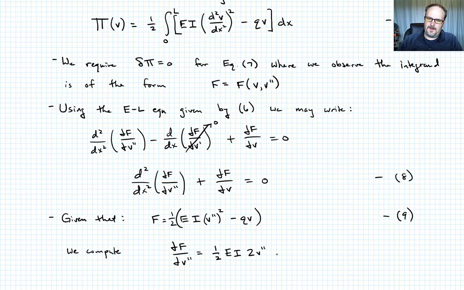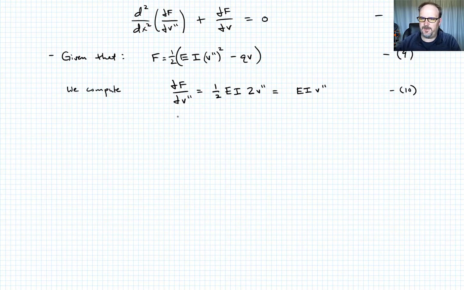The 2's cancel, and I am left with EI V double prime. Let's call this equation 10. I can do something similar and say that the partial of f with respect to V is equal to negative 1/2 q. Let's call that equation 11.